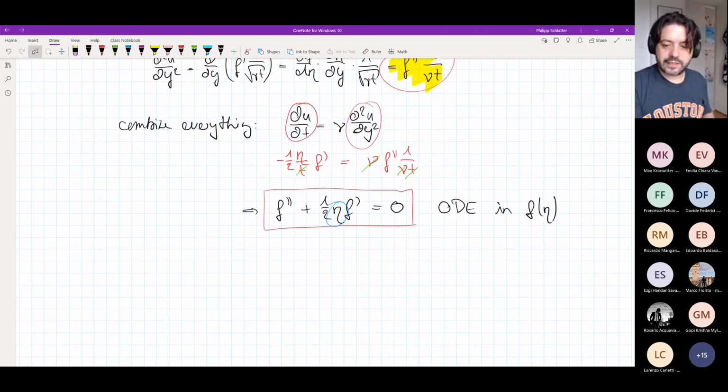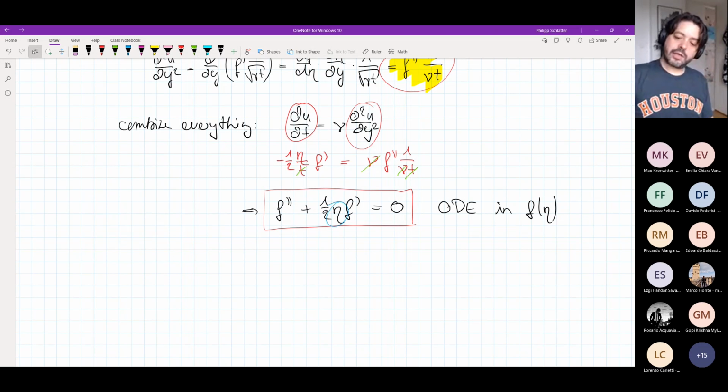So that's the beauty of this, that we have an ODE entirely in eta. There is no nu, there is no t, and there is no y left. These three parameters, they just go in the definition of eta. So that's the thing.